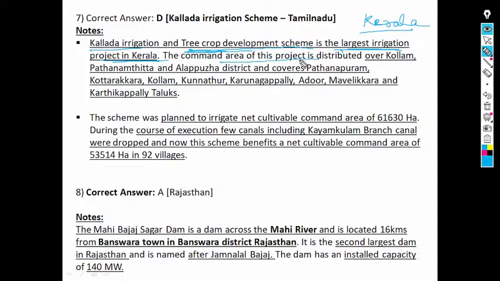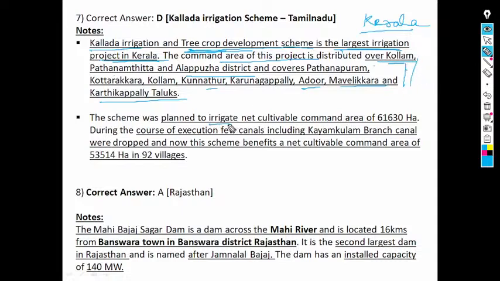The command area of this project is distributed over Kollam, Pathanamthitta and Alappuzha districts, and covers Pathanapuram, Kottarakkara, Kollam, Kunnathur, Karunagappally, Adoor, Mavelikkara and Karthikappally taluks. So these are the areas covered by this Kalada irrigation project.